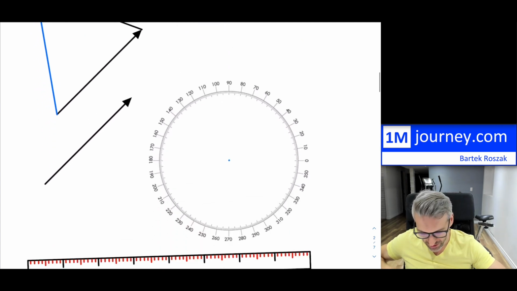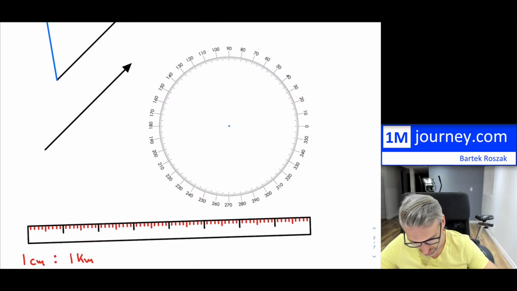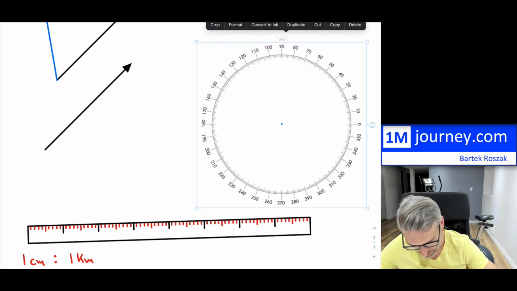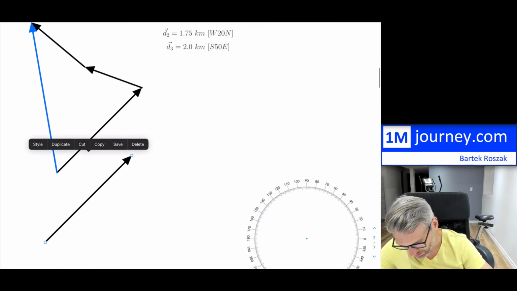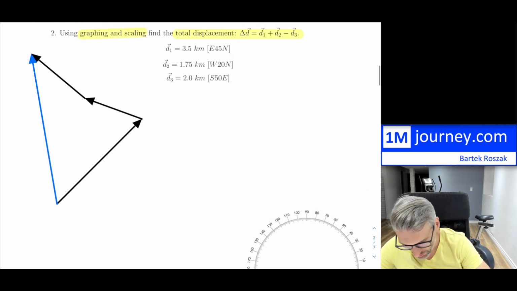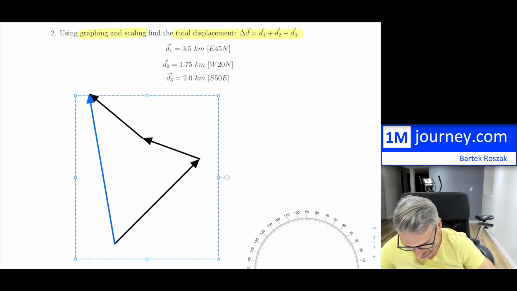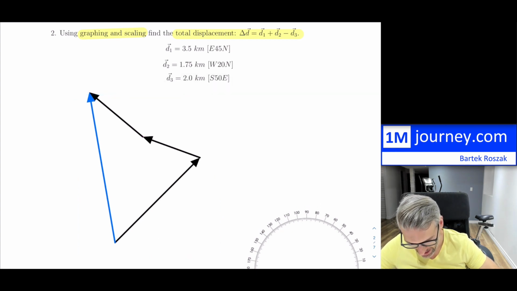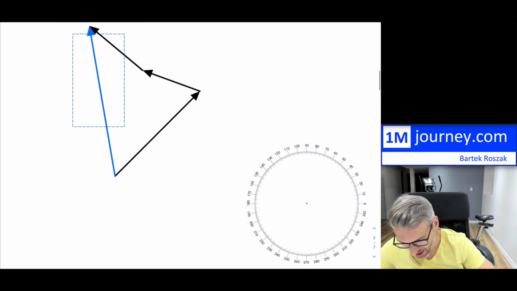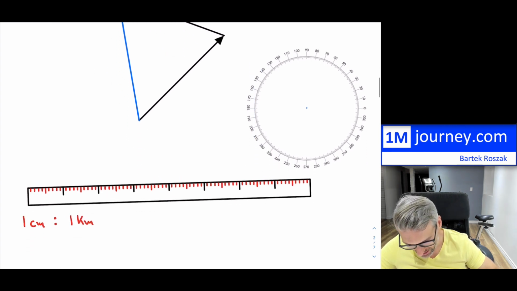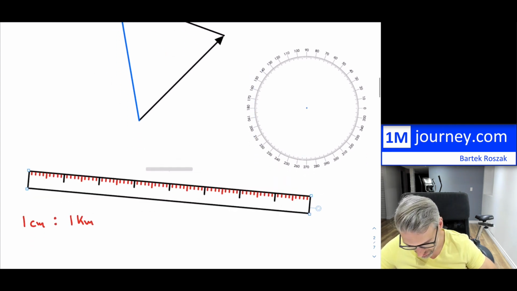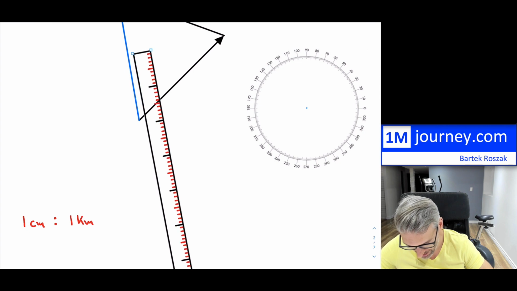So now I don't really need this anymore. Let me shift this out of the way here. But what I would do, let me remove this. So I would take this right here, and now I would need that vector, and I can now measure it out entirely. So for instance, if I want to know what the magnitude, what the length of this vector is, I got to take my ruler and line it up in here.